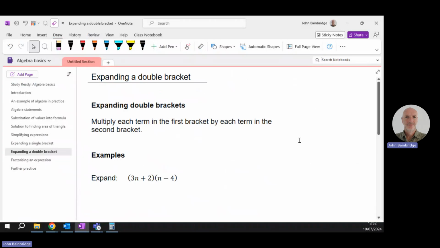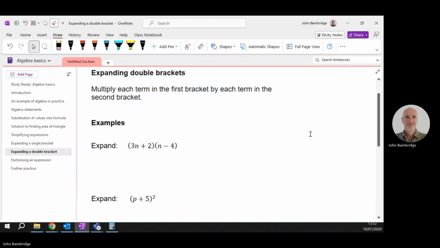Let's do it with double brackets now. So we've got 3n plus 2 times n minus 4. And the way to look at this is to think that we're going to break this down into 2 separate multiplications like the one we had before. So we first of all look at the 3n and we multiply that by the bracket. So we've got 3n times n minus 4, and then we've got the plus 2.